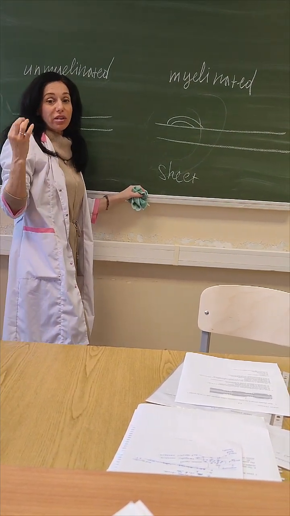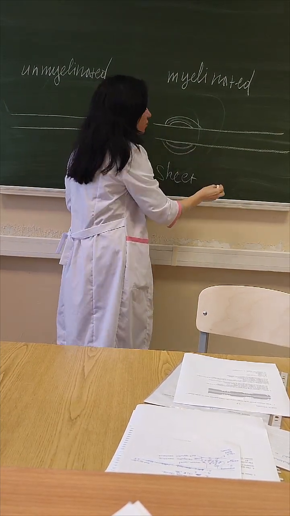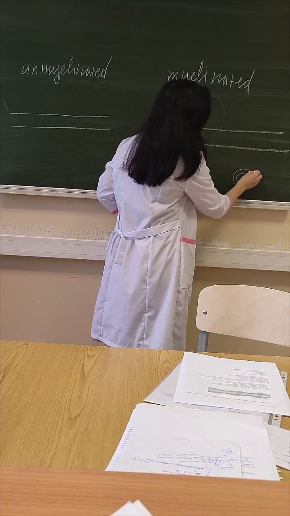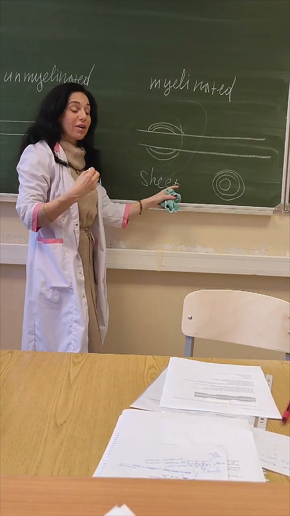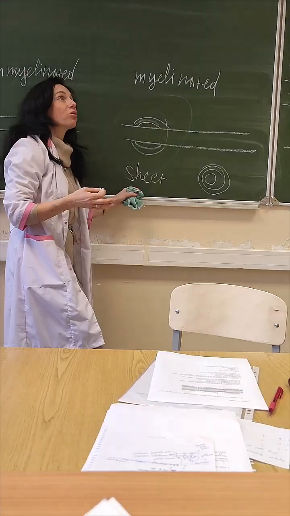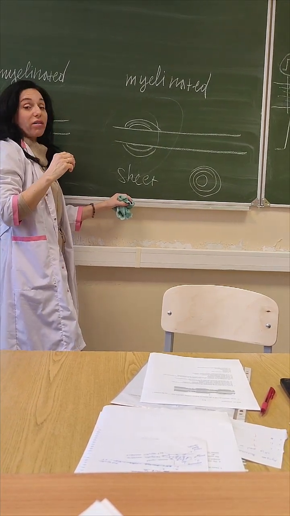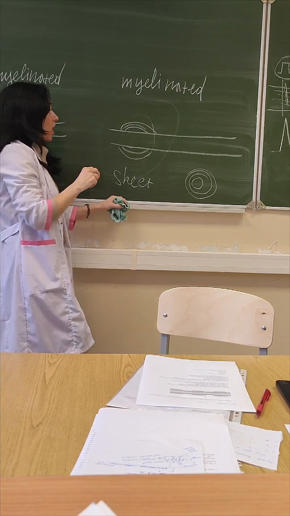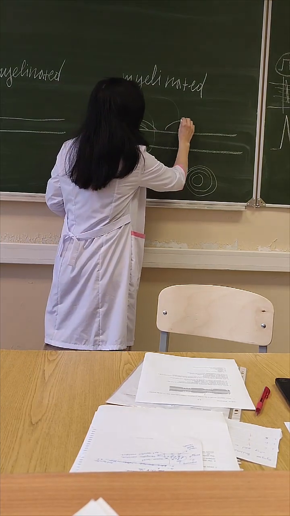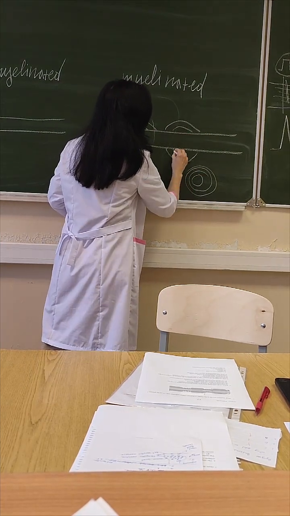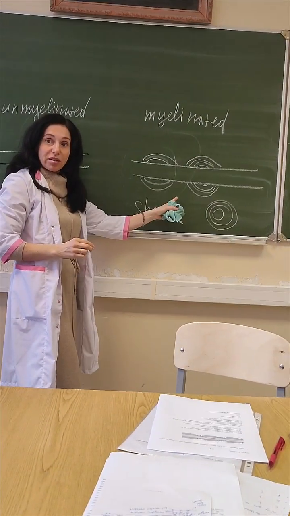The same cells but different names. And the myelin sheath is formed with many layers, with one cell, oligodendrocyte or Schwann cell, forming a cyclic covering, layer by layer. But between two adjacent oligodendrocytes, they have an empty space, free space.